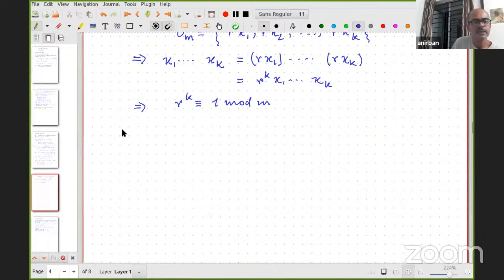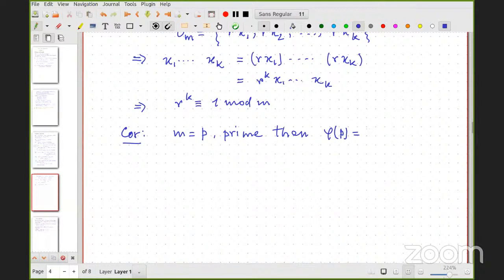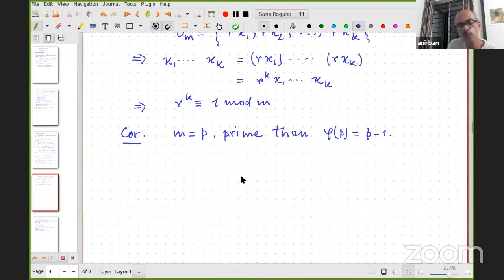And this has a nice consequence. We can write it as a corollary. So when m is say prime, so say p is a prime, then phi of p is p minus 1. Absolutely. Every element less than p is co-prime to p, so it has to be p minus 1.